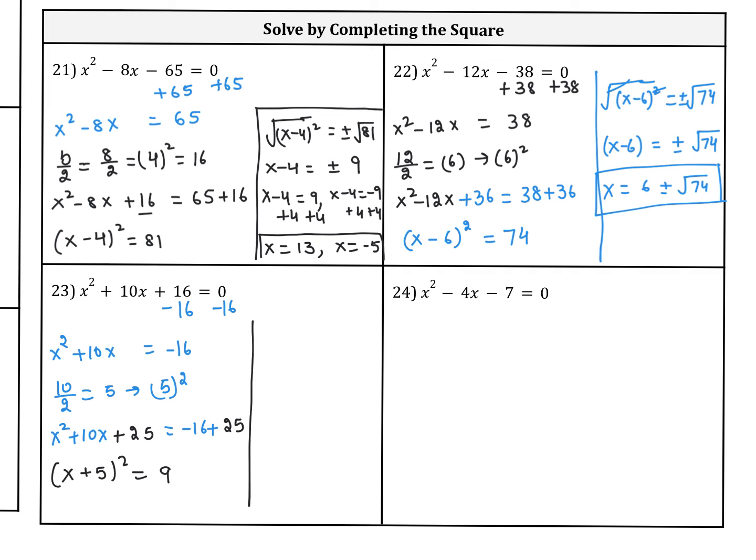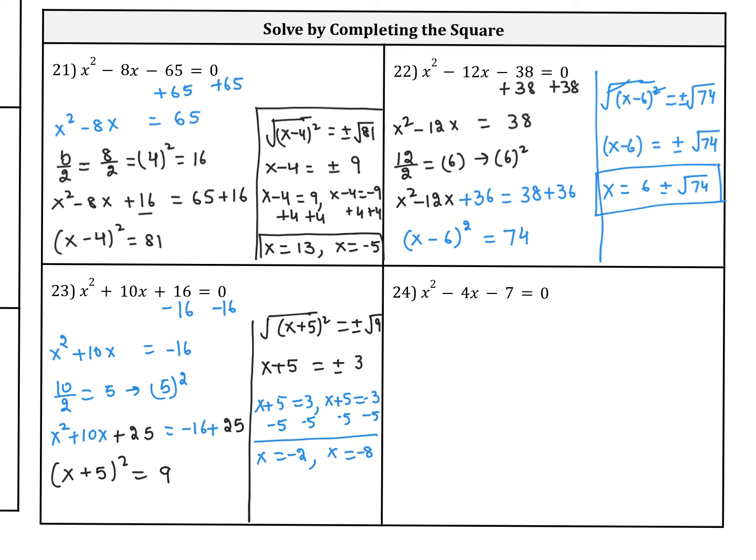When you solve it, you take the square root on both sides. You get plus or minus square root 9. So x plus 5 equals plus or minus 3. So x plus 5 equals 3, and x plus 5 equals negative 3. And x equals negative 2, x equals negative 8.